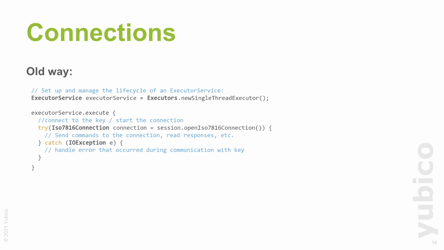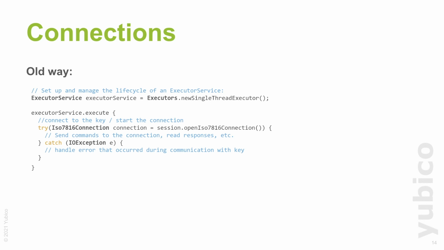Next up, that brings us to actually opening these connections to be able to communicate with the YubiKey. By its very nature, the YubiKey is a single threaded device. You can only have one application active on the YubiKey itself at a time, and only one connection can then be used in parallel.